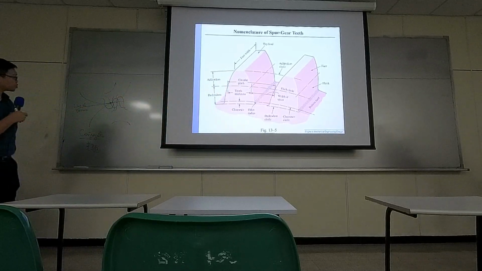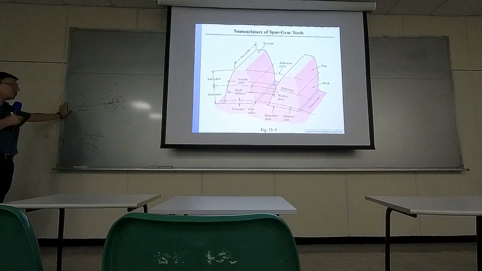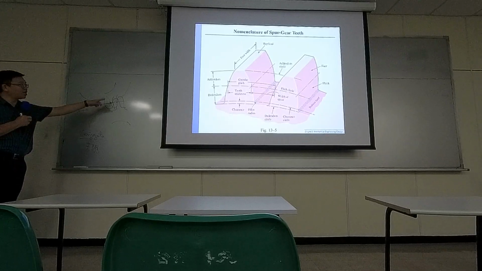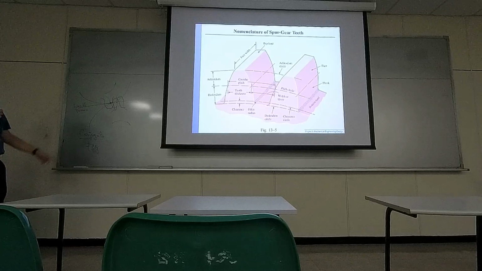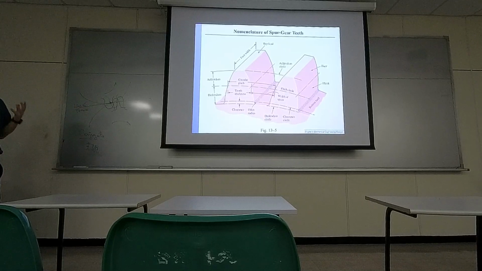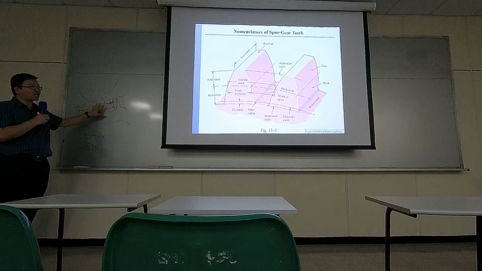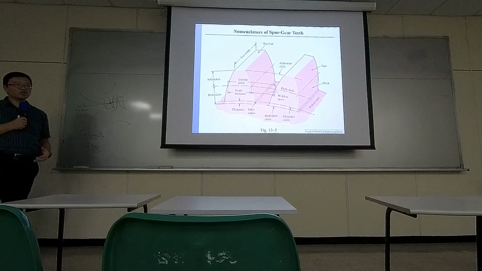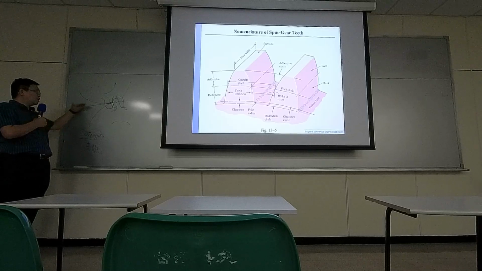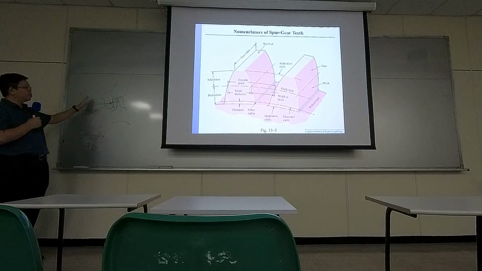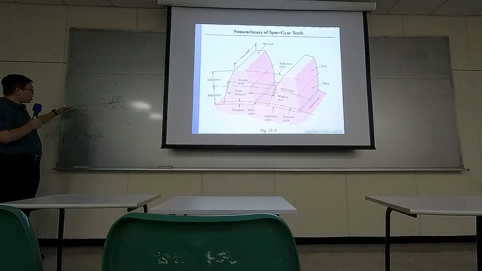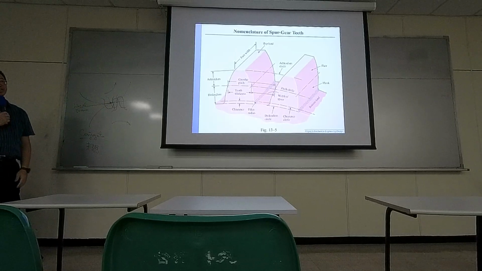Okay, so we're not trying to learn how to make drawings of the teeth profile. We just want to learn about how the forces are interacting between two gears. And for regular gears, the force applied between two gears basically follow this line of the pressure.